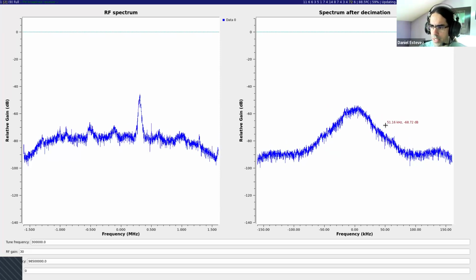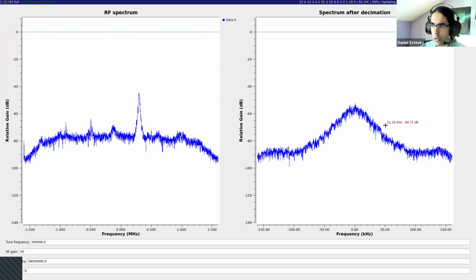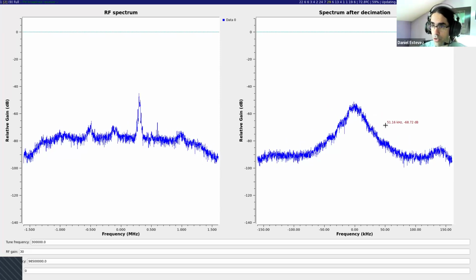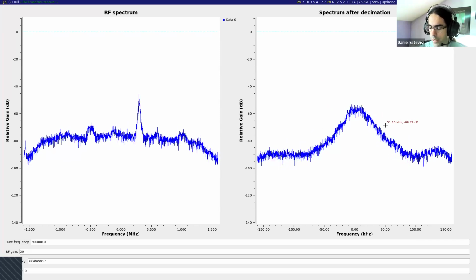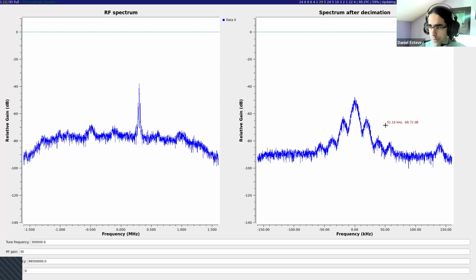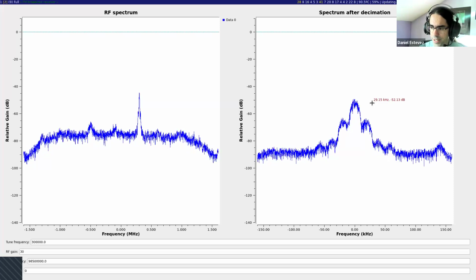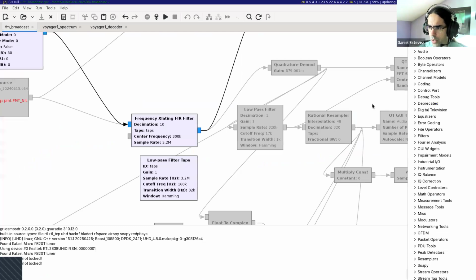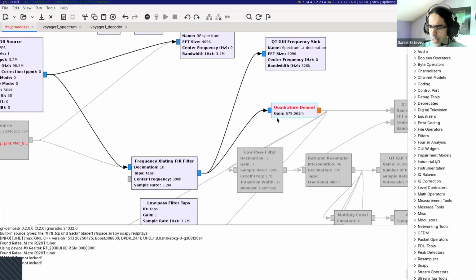I'm explaining all of this to motivate that if we want to get the audio from the FM signal, we need to measure the frequency of the signal, because that's where the audio is encoded. To measure the instantaneous frequency of the signal, there is a GNU Radio block which does it, called Quadrature Demod.